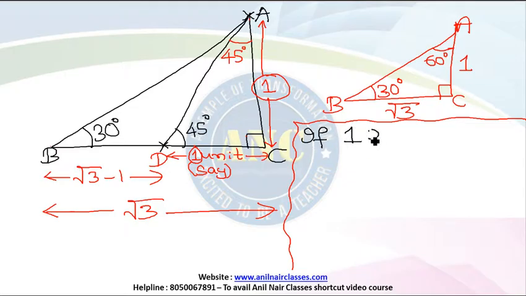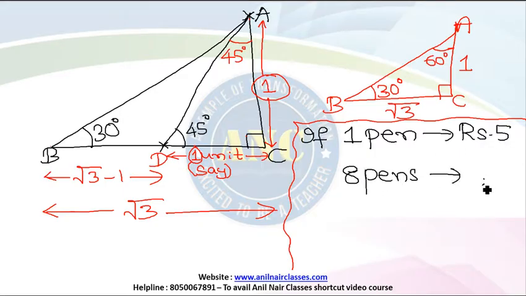If one pen costs 5 rupees, what is the cost of 8 pens? Please understand this statement very, very carefully, sir. If 1 pen is costing you 5 rupees, 8 pens will cost you how many rupees is the question.